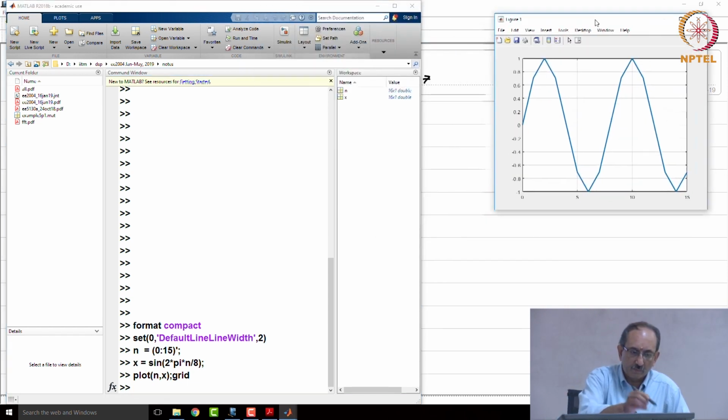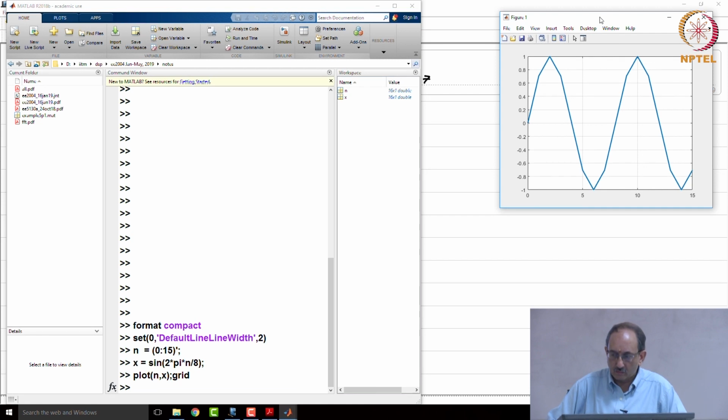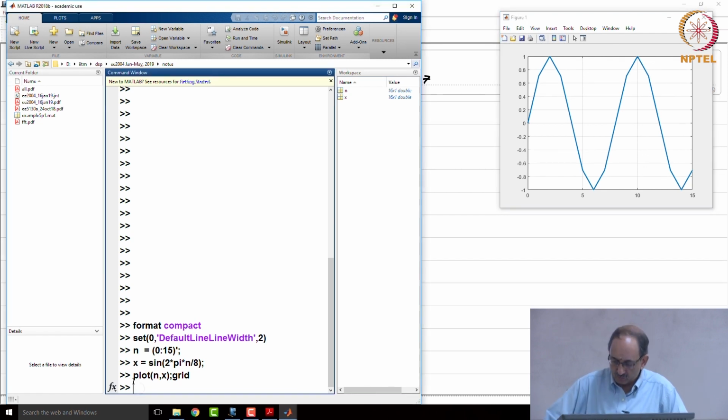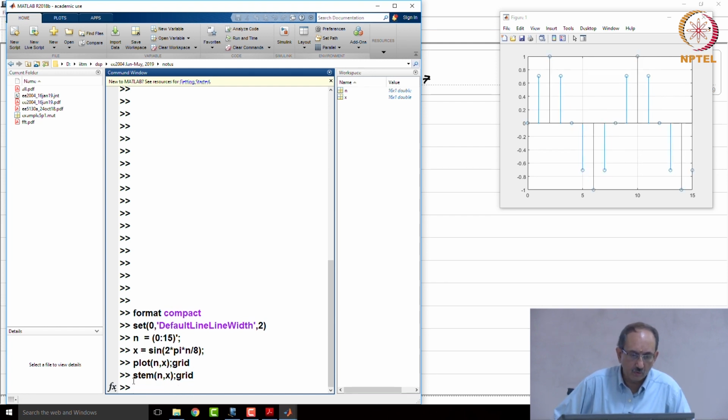So this is the plot of the time domain sequence. You can also show this as a stem plot, which is more typical.